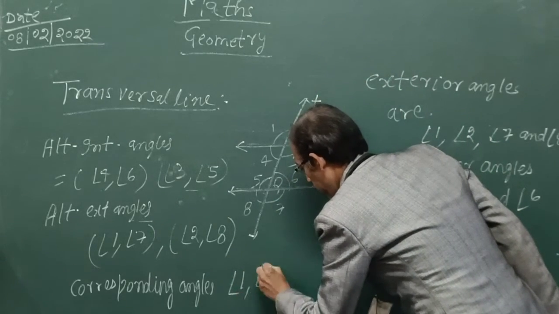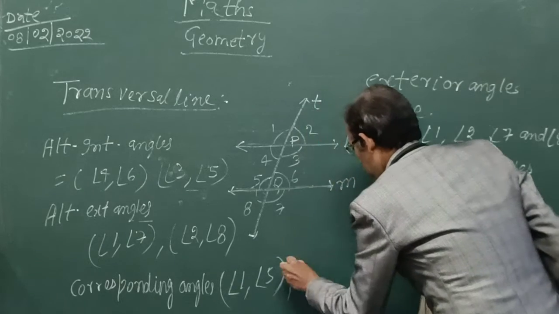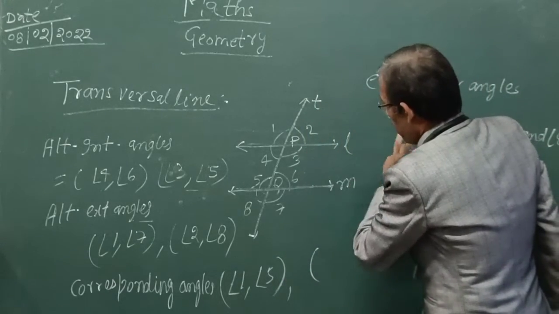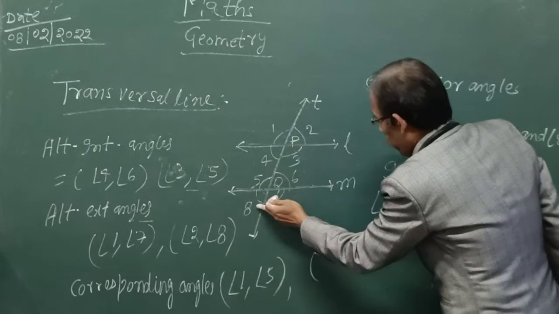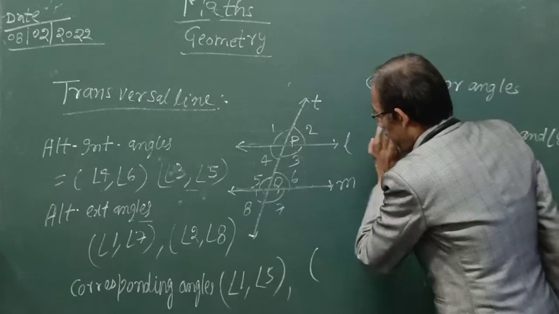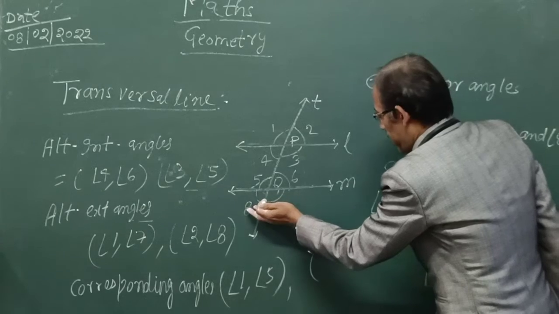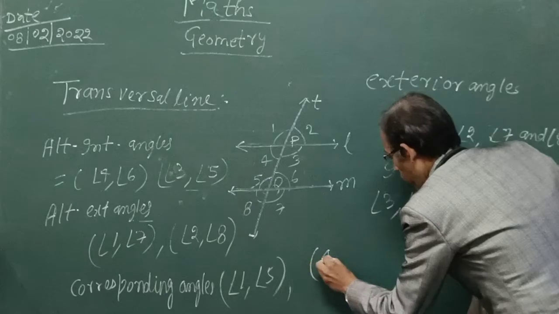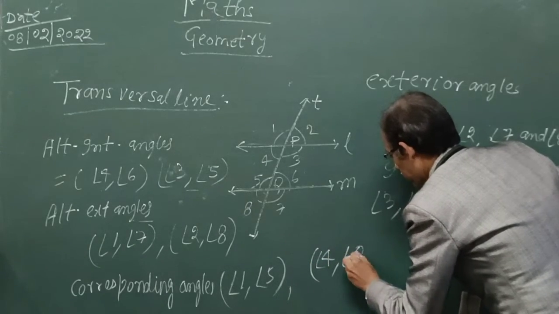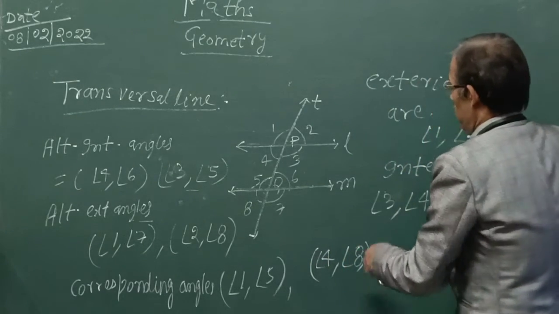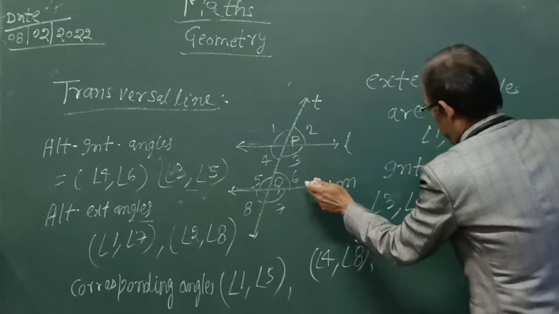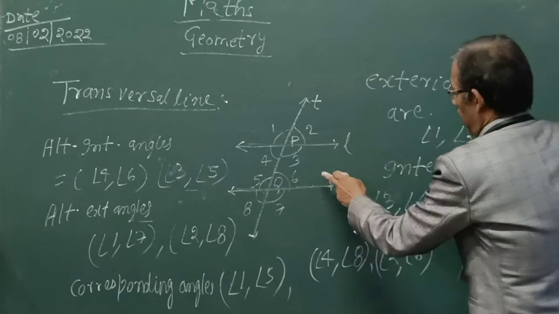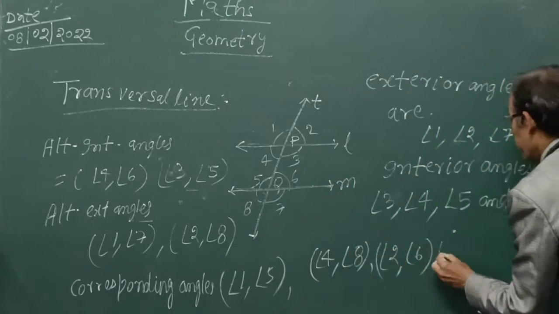The second pair of corresponding angles is angle 4 and angle 8, because angle 4 is an interior angle and angle 8 is an exterior angle on the same side of the transversal line. Similarly, you can write angle 2 and angle 6, angle 3 and angle 7.